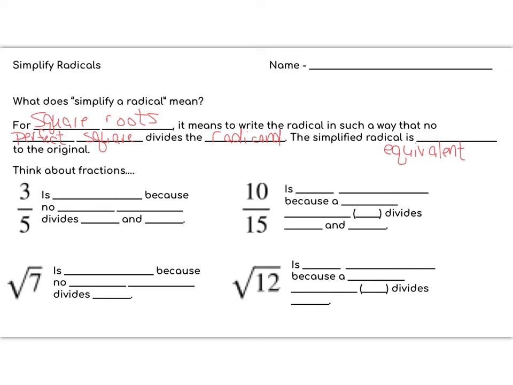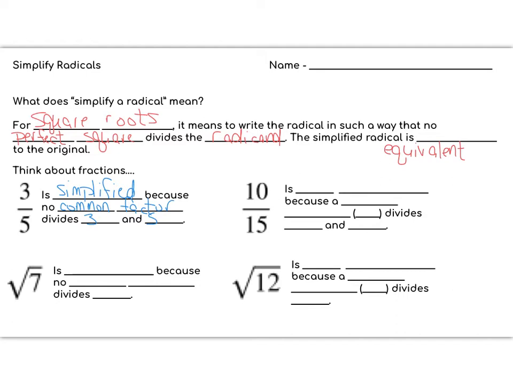This is similar to fractions. Think about fractions. 3/5 is simplified, right? It is simplified because no common factor divides 3 and 5. There's nothing besides 1 that goes into 3 and 5. So that is a simplified fraction.